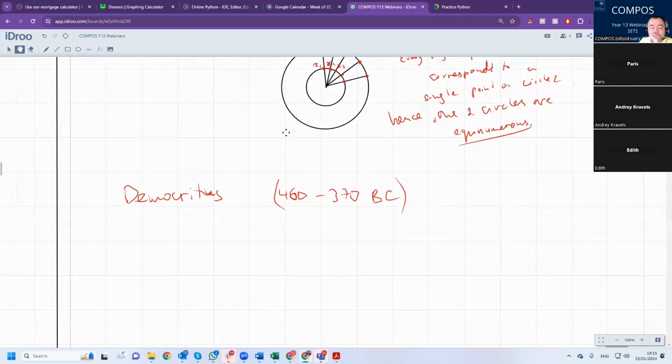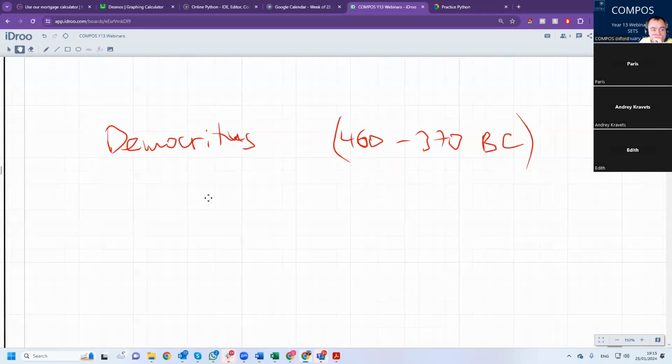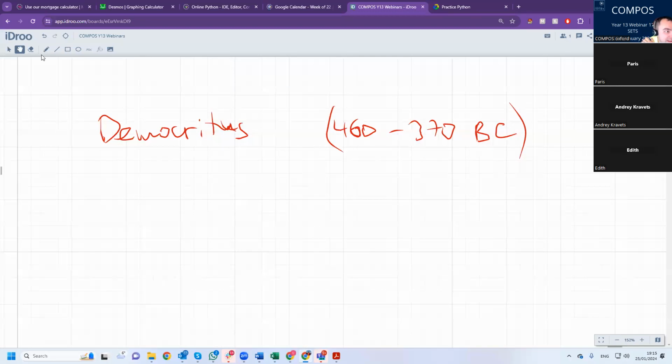So he argued that matter is not continuous. That means it cannot be split infinitely.